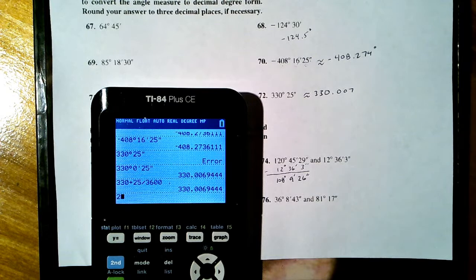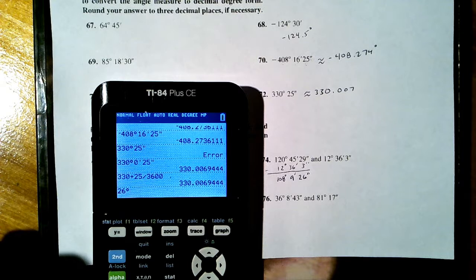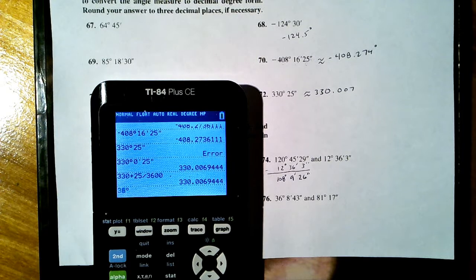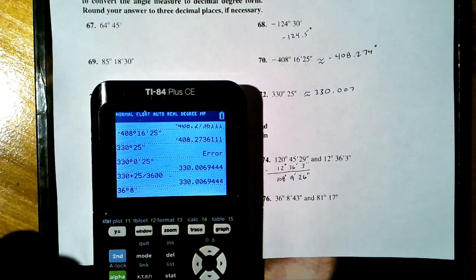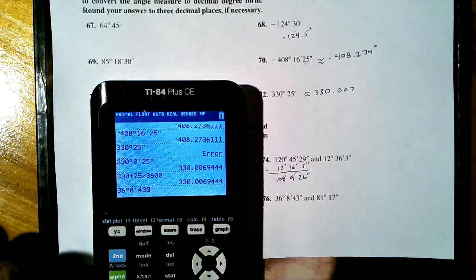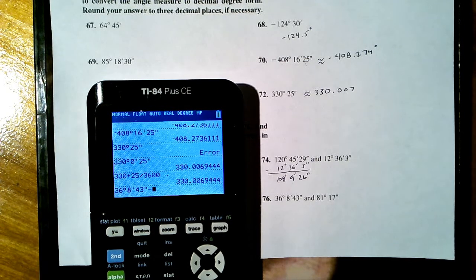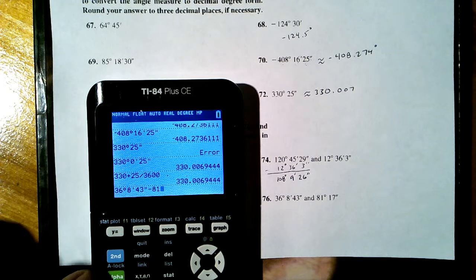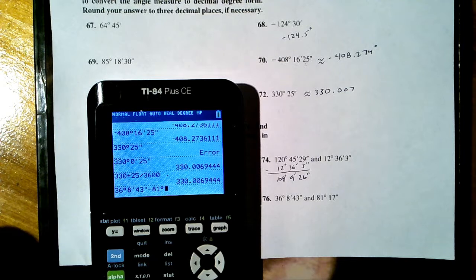We've got 36 second angle degrees. 36, glad I'm a good double checker. 8 second angle minutes. And 43 alpha plus seconds, minus 81 second angle degrees.